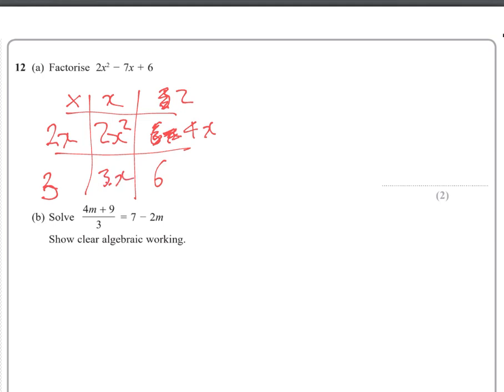If both of those are minus, then this is going to be minus and this is going to be minus, and I get minus 7x, because minus 3 times minus 2 gives me 6. So there we have our brackets, x minus 2, 2x minus 3. And those just take lots of practice at seeing those and practicing getting them out. If you need practice, I can give you questions, or you can find questions on the internet just to practice that again and again.